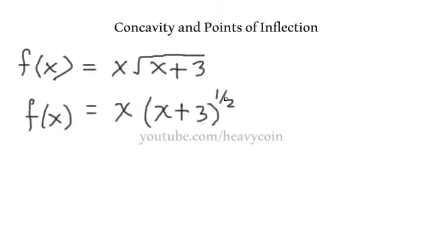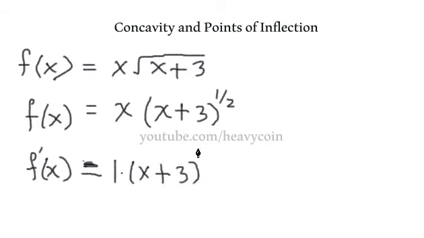Alright, so now we got it into exponential form. Okay, f prime. So we take the derivative of x, which is just 1, and we rewrite plus, rewrite the x.